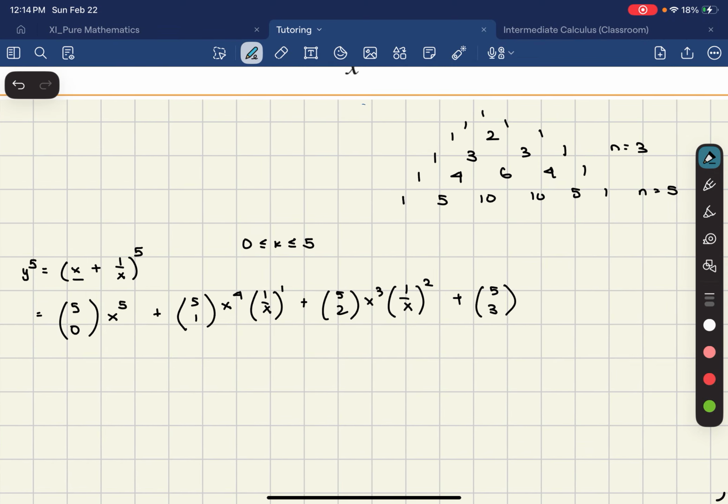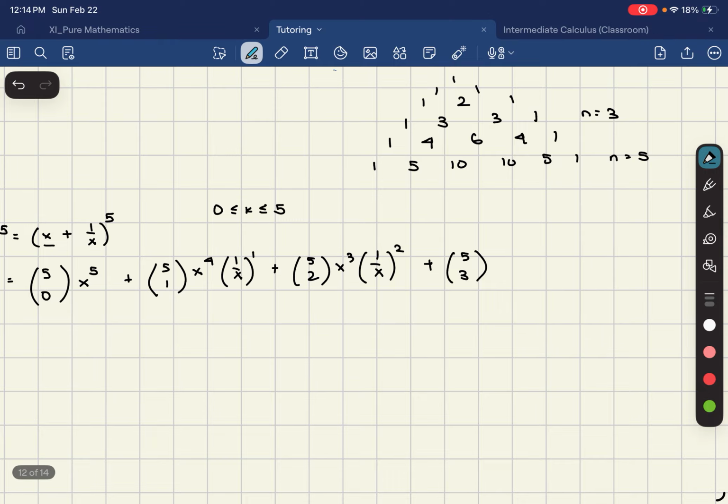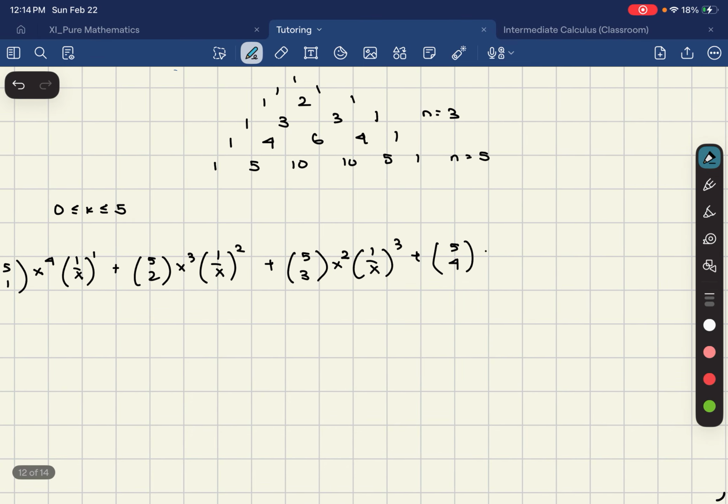So I have given you the formula in the previous video, so we're just using the formula here. 5C3 x to the power 2 times 1 over x to the power 3, plus 5C4 x to the power 1 times 1 over x to the power 4. And finally, 5C5 times 1 over x to the power 5.